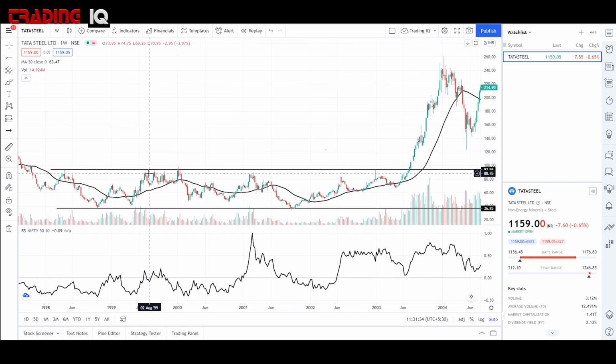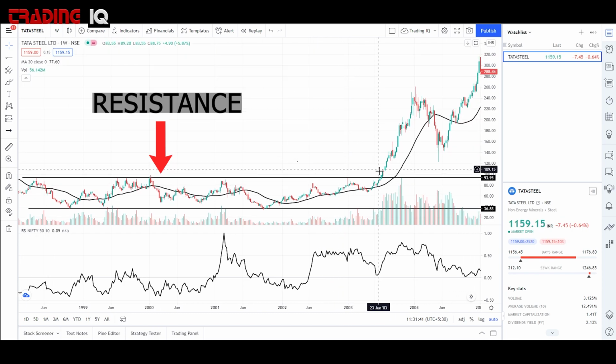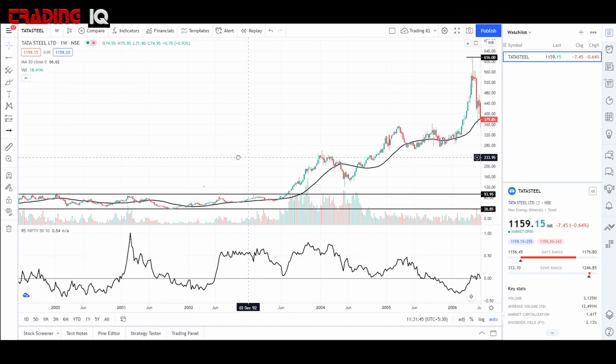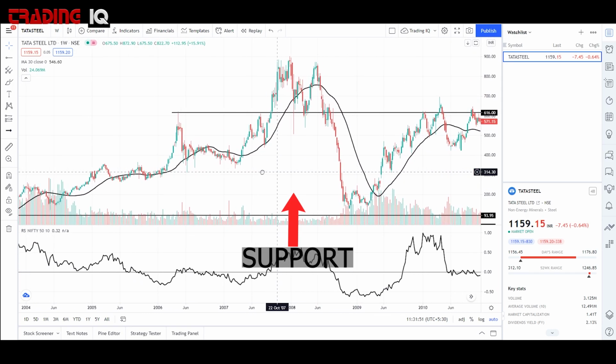So this level was acting as a resistance level for 5 years, right? Now, once it broke out of that level, is it any longer a resistance level? No, right? Now it is acting as a long-term support level because price is getting supported.